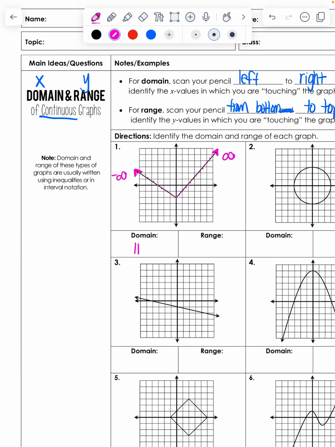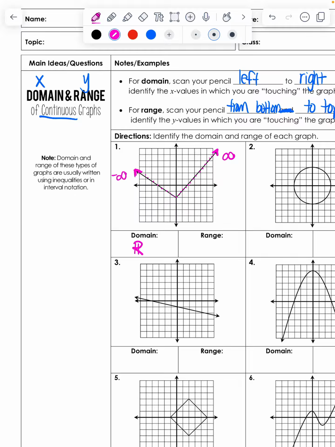And what we use for this is a symbol that looks like an R with an extra line through it. And the reason why the domain is all real numbers is because the X values continue pointing towards negative infinity and positive infinity. That's not going to be the case for all of these graphs.